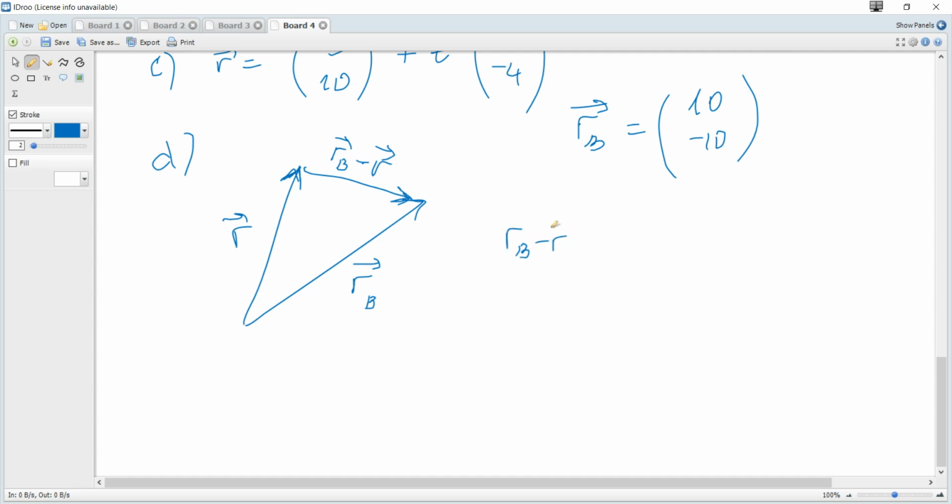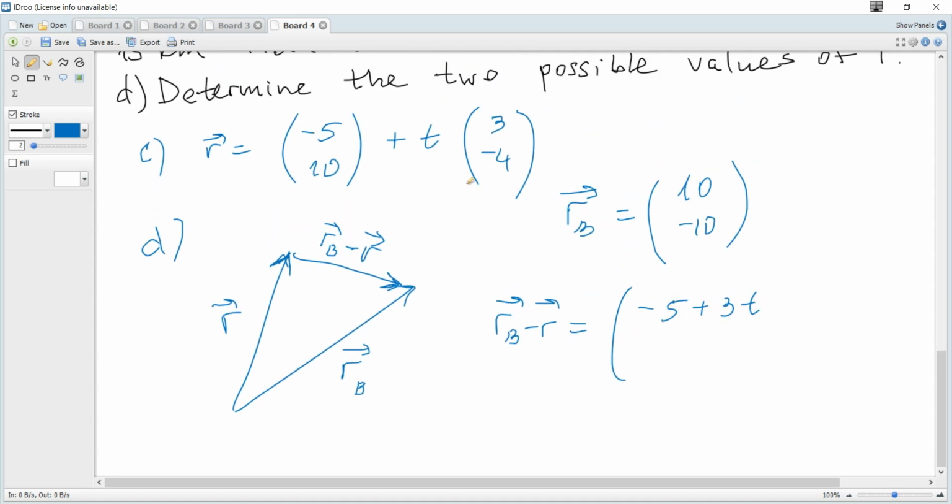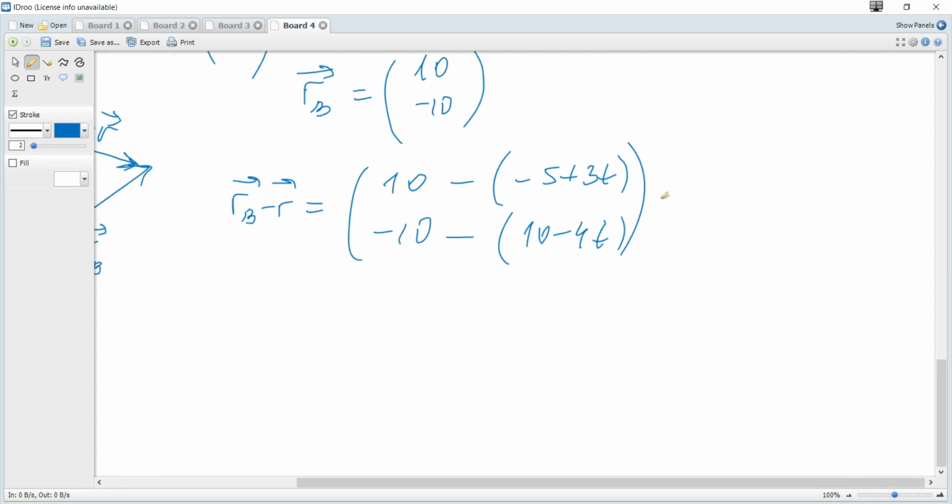RB minus R is (10, -10) minus (-5 plus 3t, 10 minus 4t), which is equal to (10 plus 5, so 15 minus 3t, and negative 10 minus 10 is negative 20 plus 4t).